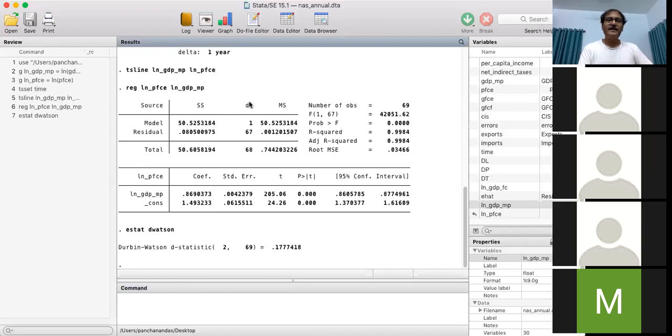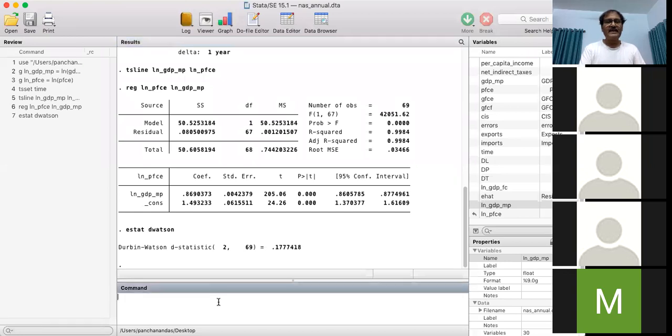So before applying our conventional model, our next task is to carry out unit root test. Unit root test for what? The variables we are considering. So perform unit root test for GDP at market price, log value, and PFCE in log value.